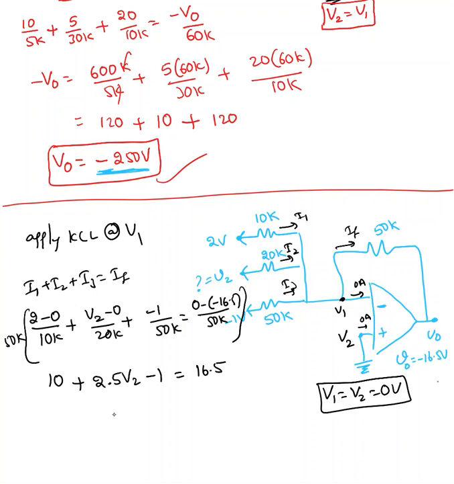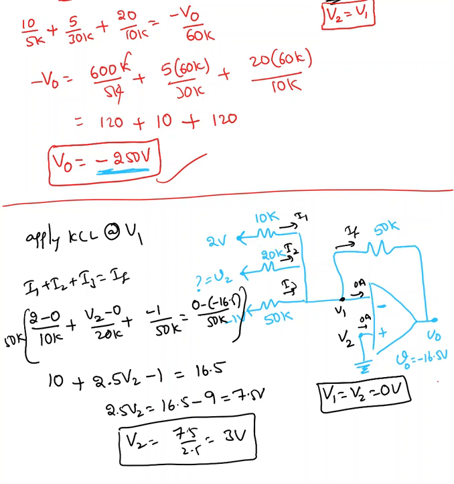Okay, I will end up with 2.5 V2 equal to, this is 9, so 16.5 minus 9, I'll end up with 7.5 volt. V2 must be 7.5 divided by 2.5. This value must be 3 volt. V2 must be 3 volt.